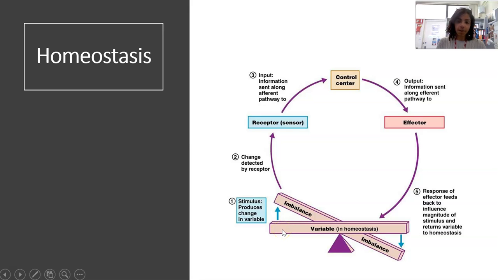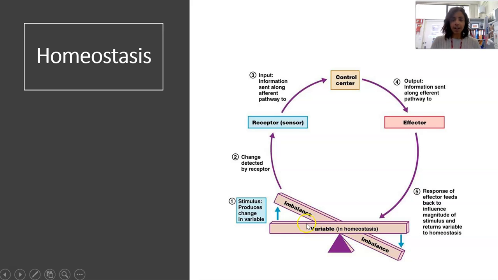That's not how things happen inside your body, because if you eat something, for example, your blood glucose level rises and you have now gone beyond that set point. If you go for maybe 4 or 5 hours without eating anything, your blood glucose level dips and you go below that set point. Your body is always trying to get you to maintain this perfect balance, so it's always adjusting itself to do that.